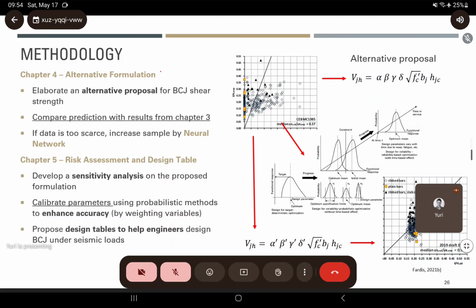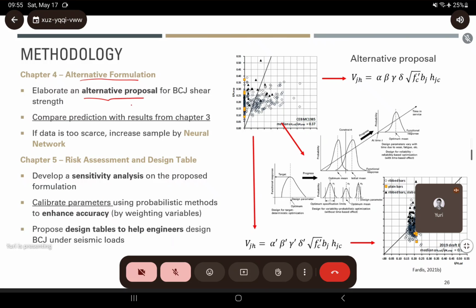Chapter 4, we are going to develop an alternative formulation based on many different models. We still want to see if we're going to use principal stresses or Schroeder-Tide techniques or other formulation that might be a good proposal.